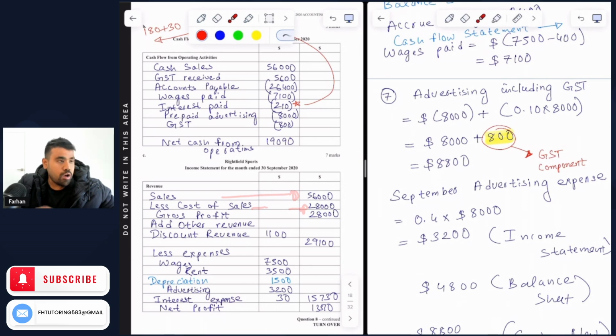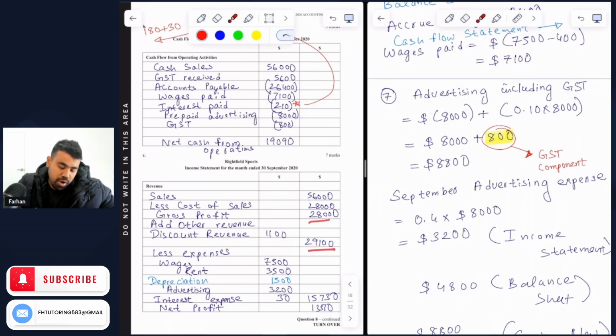So sales minus cost of goods sold gives us gross profit of $28,000. Then we add any other income or other revenue, which is the discount revenue of $1,100 we have calculated from the reconstruction of the accounts payable ledger account. And then when you add that to the gross profit, you get 29,100.